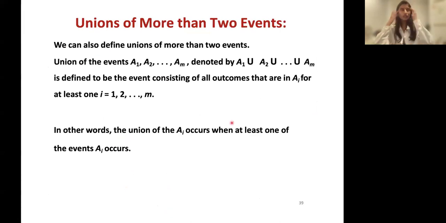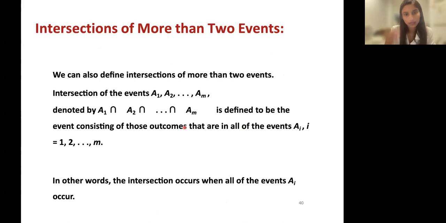And you can also consider a union between more than two sets. It doesn't have to be just A union B. There can be multiple events, and you can calculate A union B union C union D and so on. Similarly with intersection, you can have intersection for multiple events: A intersection B intersection C intersection D. So this is set theory.